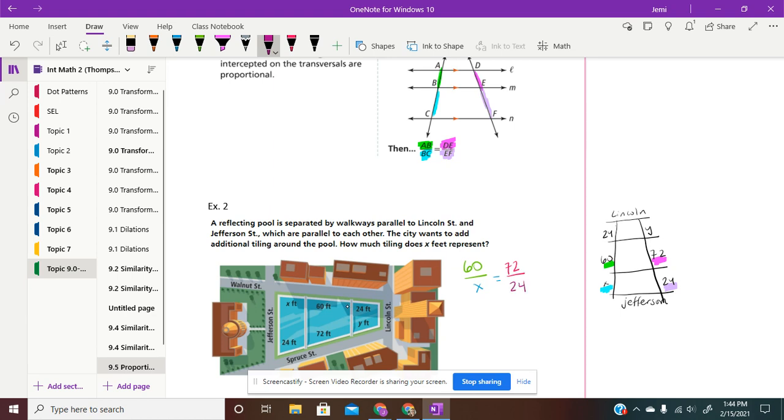All right, and I crisscross multiply. So 60 times 24. It's a pretty big number there. 1440 is equal to 72x.